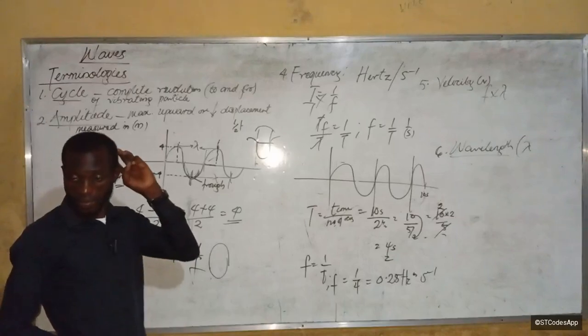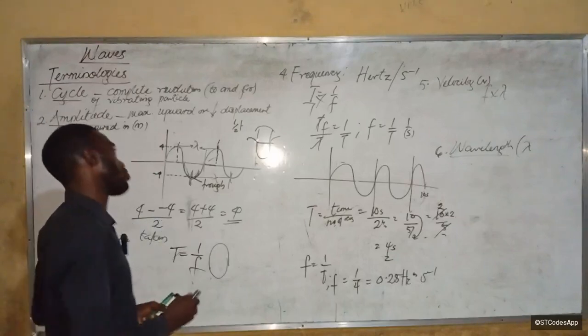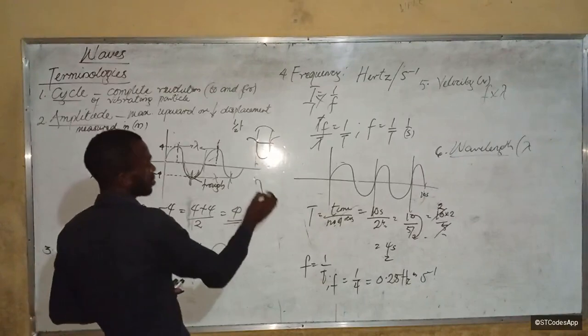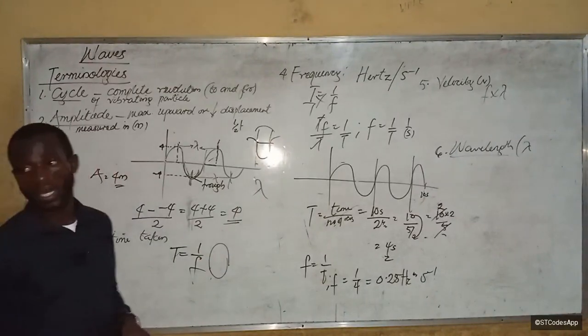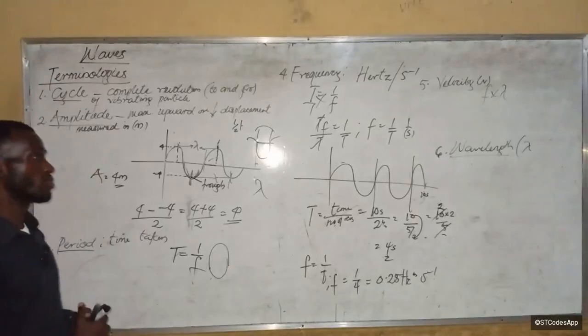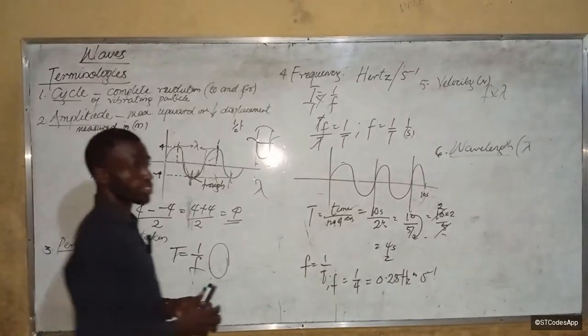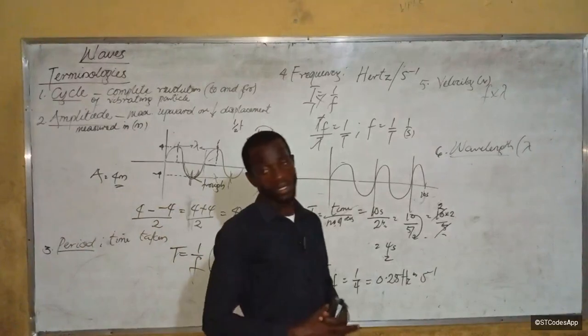Wavelength is what? Look at what we used to denote it. Okay, are you with me? Let's go. Velocity. We define velocity.